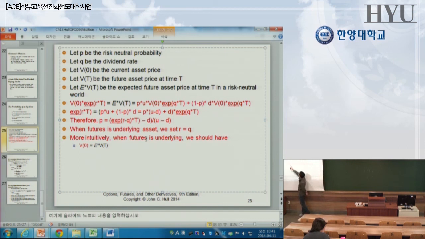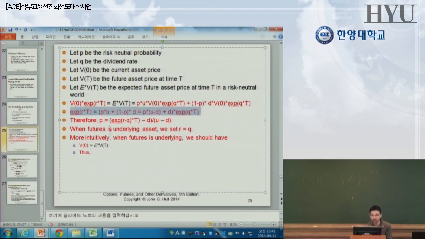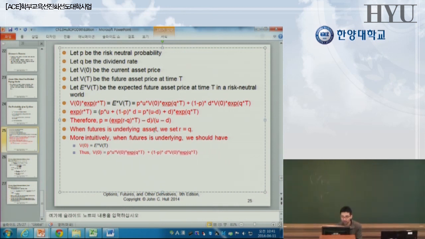This one is exactly the same, which means we ignore this part and we ignore this one, so this is 1, right? Okay, we are solving this equation, right?